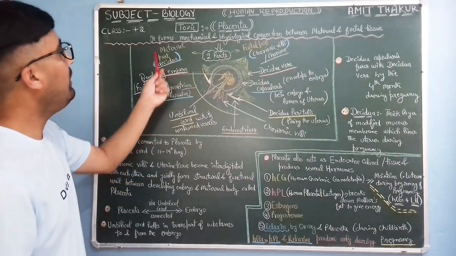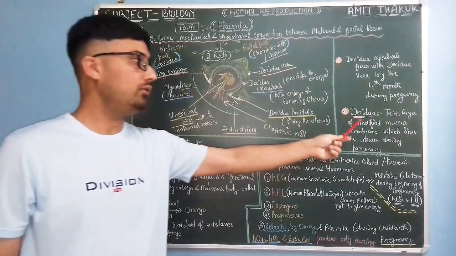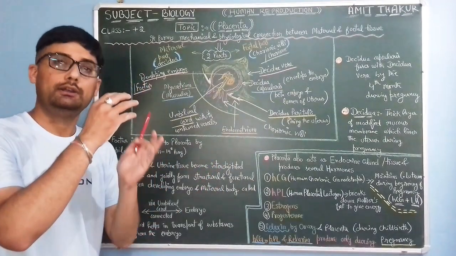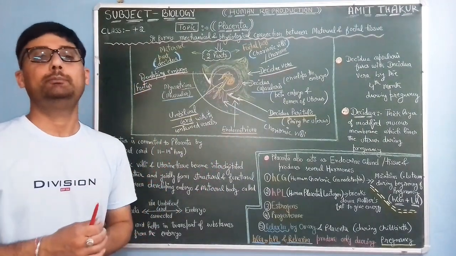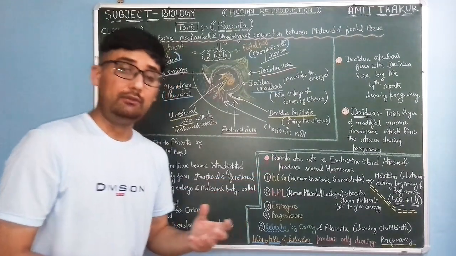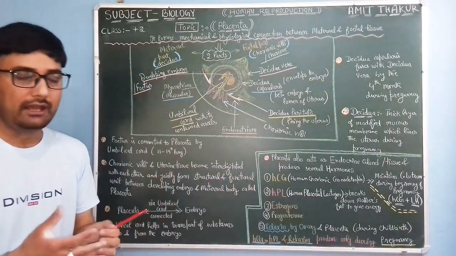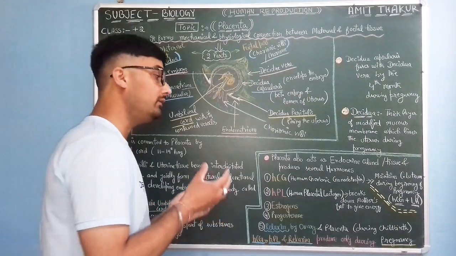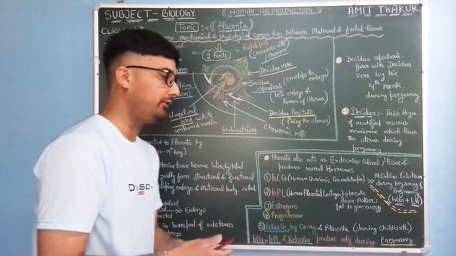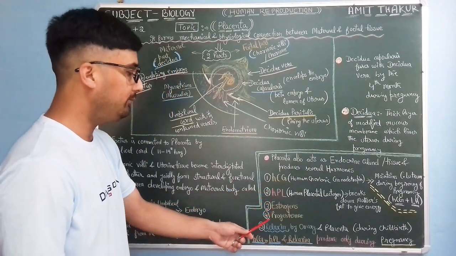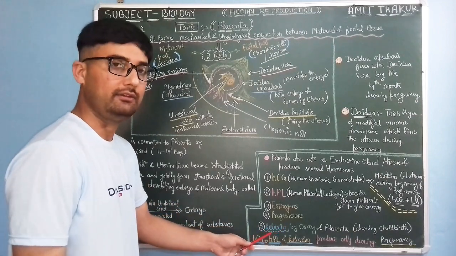What is decidua? What is the maternal part? I have told you, a thick modified mucous membrane which lines the uterus during pregnancy. During pregnancy this placenta acts as an endocrine gland and produces several hormones like HCG, HPL, estrogens, progesterone and relaxin.